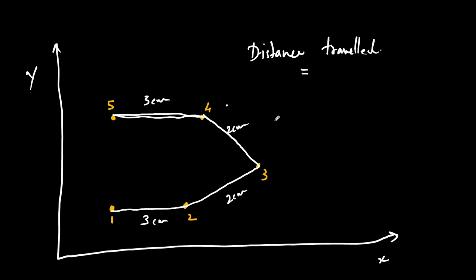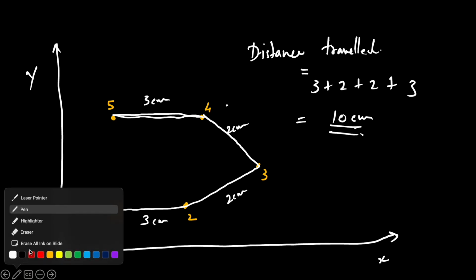So what is the total distance traveled? 3 plus 2 plus 2 plus 3. That is 10 centimeter is the total distance traveled. It traveled like this. But I am asking you, what is the total displacement here?